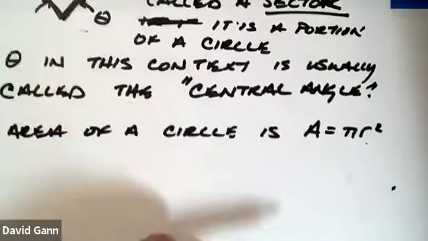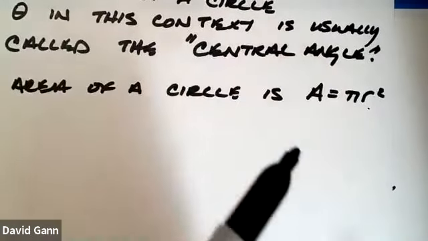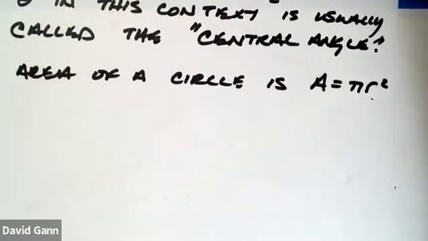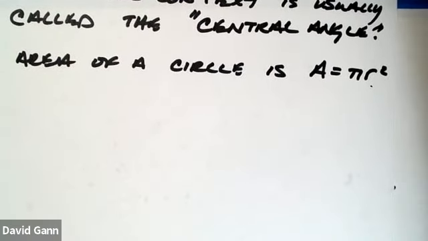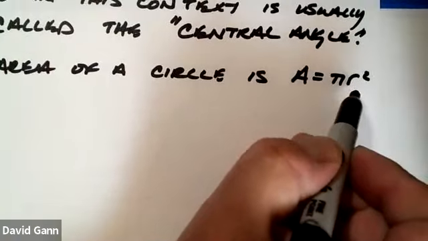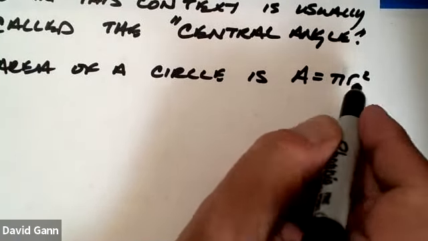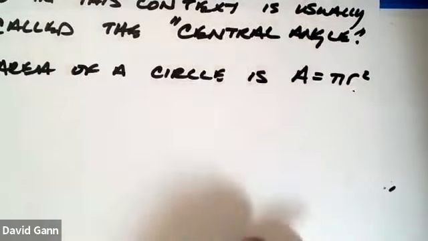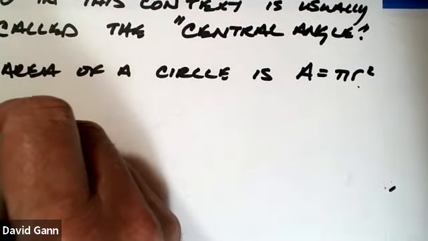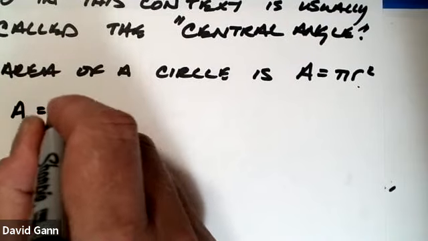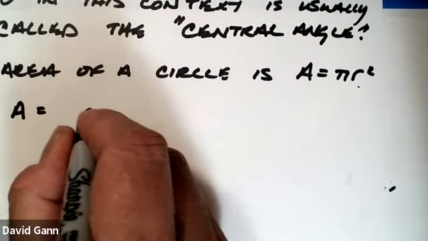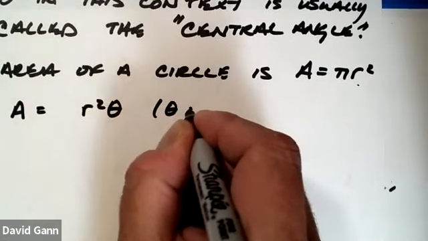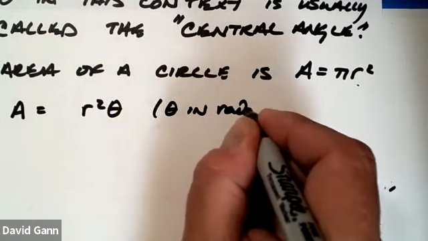So if we were to insert theta into this equation, say for maybe 1 radian or whatever else, it turns out that this equation simplifies because the full circle would be the situation where theta is 2 pi. So in some sense, we want an equation where A equals a coefficient times r squared theta, where theta is in radians.